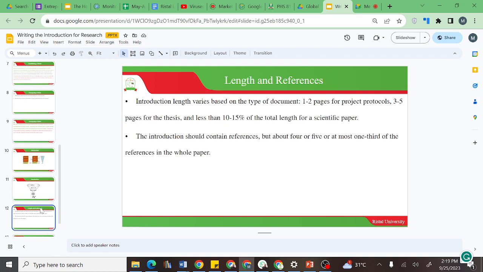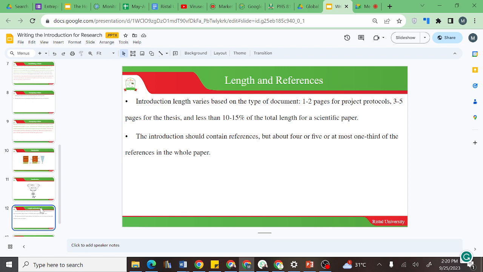Length. How long should the introduction be? It can vary, but at least 1 or 1.5 pages is okay. Some people can write up to 2. For advanced studies, they can write 3 to 5 pages. What I expect of you is 1.5.